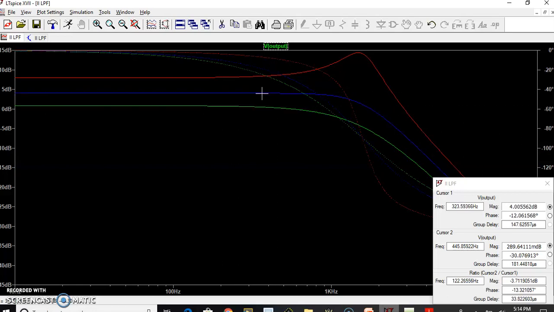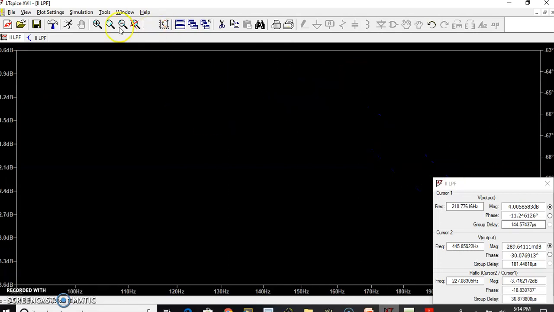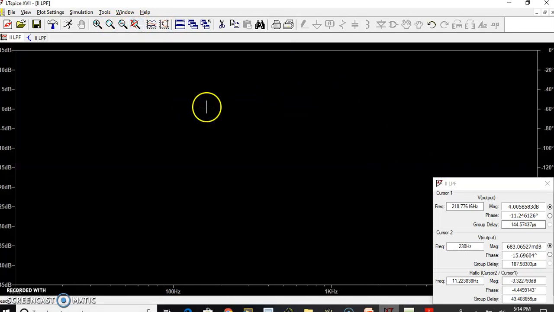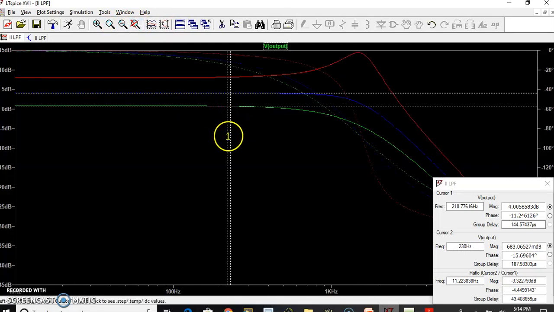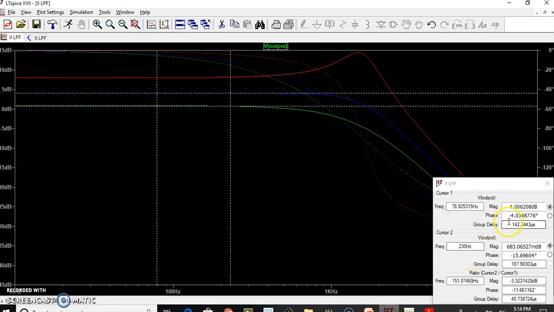Here you can see the DC gain. So DC gain is almost 4 dB, which is 20 log of 1.56, almost 4 dB.